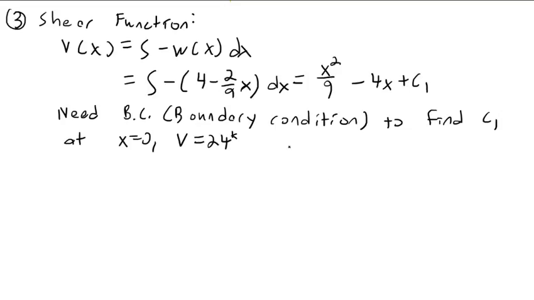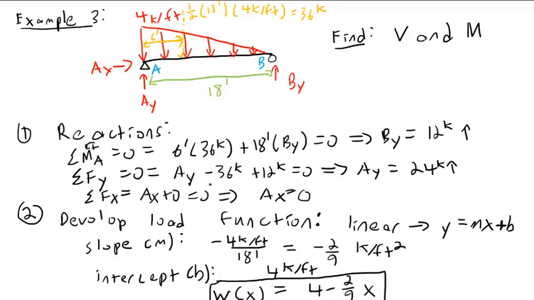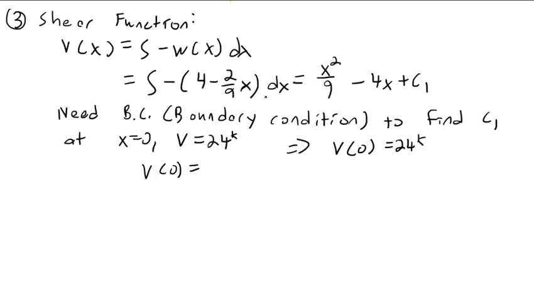So we could say V of 0 equals 24 kips. Could we have said that V of 18 is 0? Not necessarily, no. It's actually negative 12 there, because it's going to be negative 12 and then the reaction is going to cause it to bump back up. You'll see when I plot it.